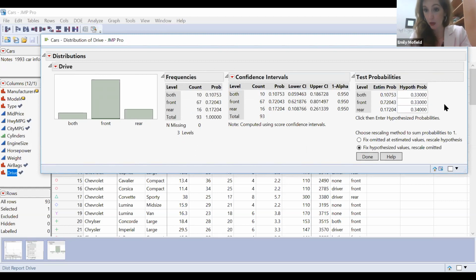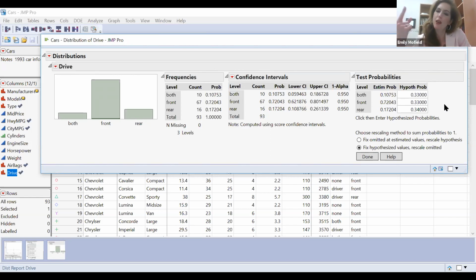That's the only reason why I put 34% instead of 33%, so that all of this can add up to 1. And so when I do this, I'm testing to see if there's more of a proportion of front wheel drive than what I would expect if everything was even.